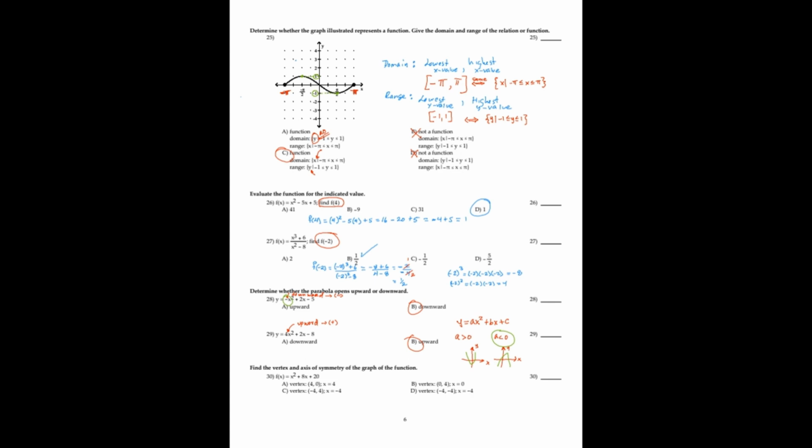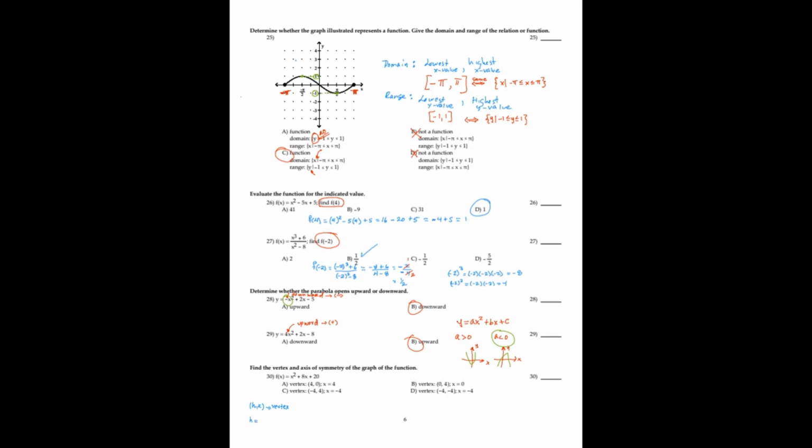Good. Now look at this one. They give us this function f of x equals x squared plus 8x plus 20, and they say find the vertex and axis of symmetry of the graph of the function. Remember, we have a formula to find the vertex. The vertex is at (h, k). Now h is negative b over 2a.